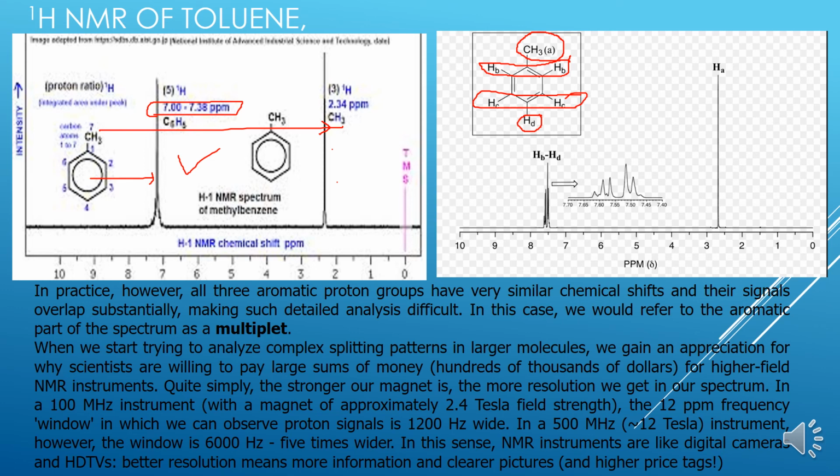In 500 megahertz instruments, a 12 Tesla instrument, however, the window is 6000 hertz.